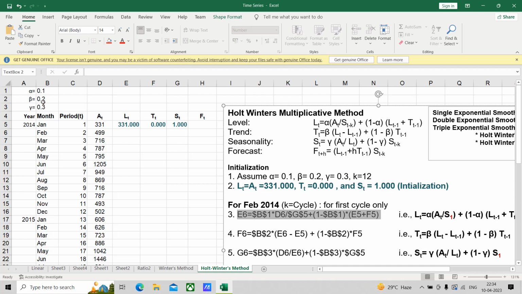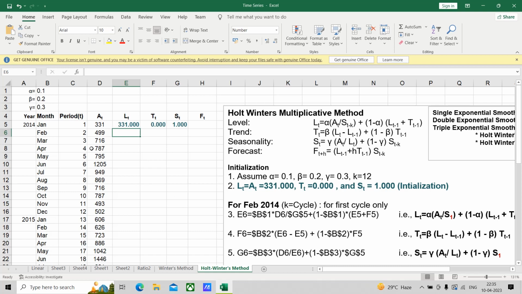So whenever we require the value of alpha, we will use this B1 cell, and this B1 is shown here in Excel. This is B2, shown here, and this is B3. So in this cell we will apply this formula: E6 equal to $B$1.